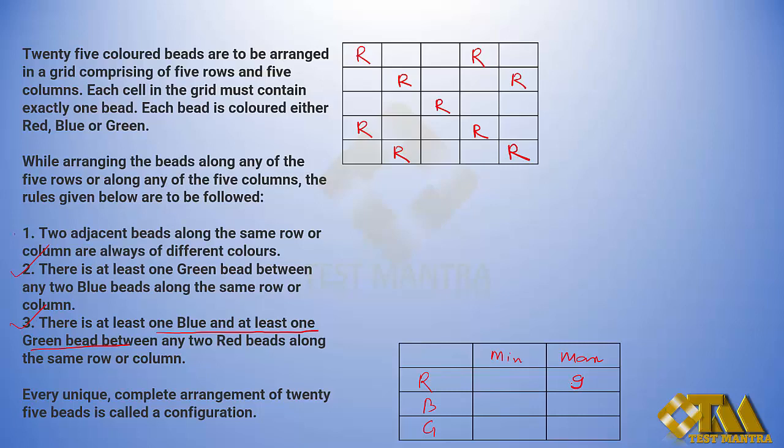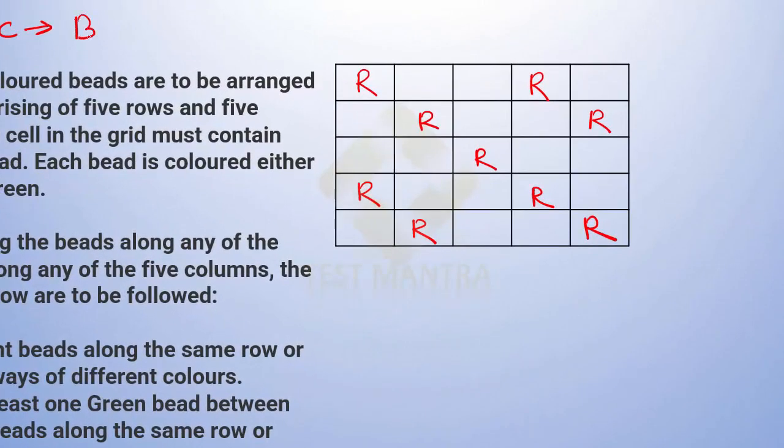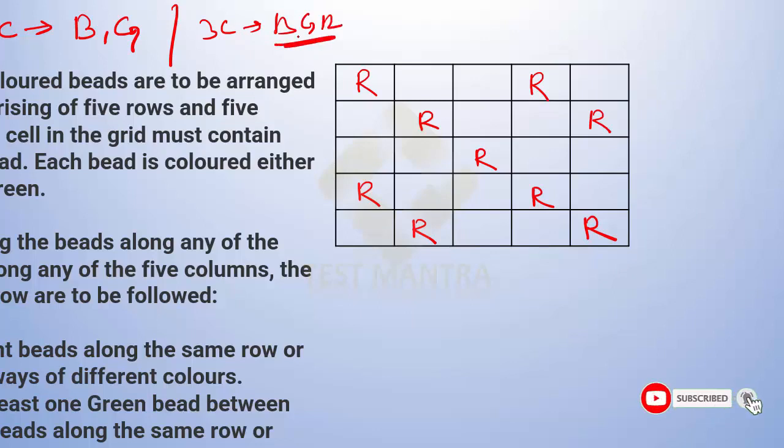Now why is it happening? Because my condition is, if I'm choosing two colors, then I have only one option, that I have to use a combination of blue as well as green. If I'm using 3 colors, that means I have to use blue, green and red, right?